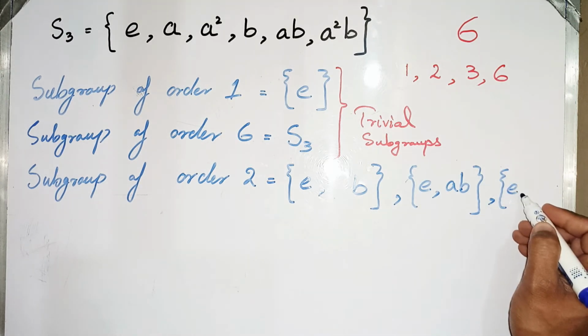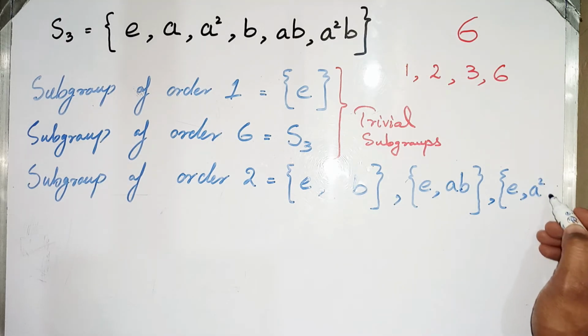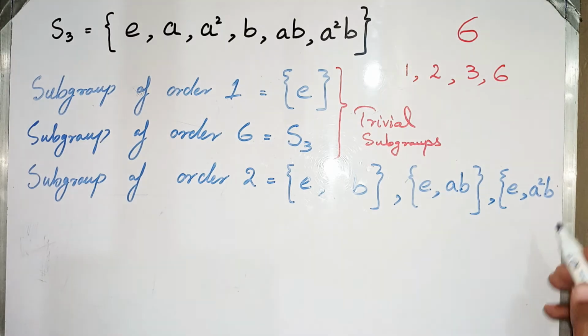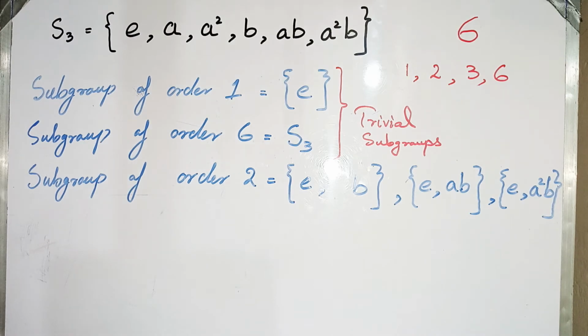First you will write E. After that you select A square B, which is its own inverse. So there are three subgroups related to order 2.